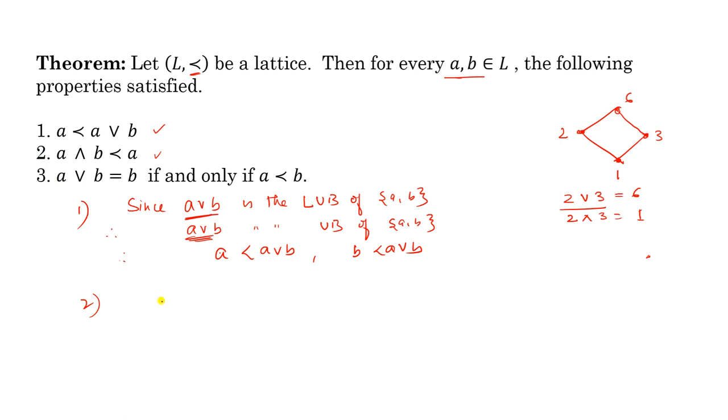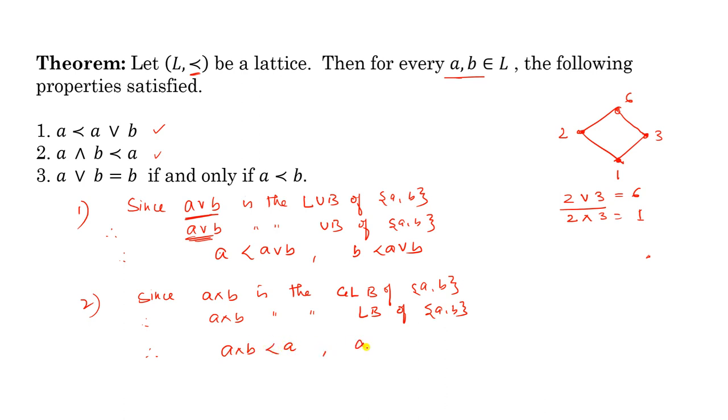Similarly, you can prove the second one. Since A and B is the greatest lower bound of A, B, and a greatest lower bound is itself a lower bound, therefore A and B is a lower bound of A comma B. If it is a lower bound, it is somewhere below A and B, so you can write A and B precedes A, and A and B precedes B also.